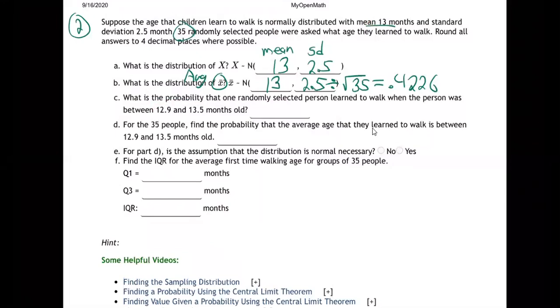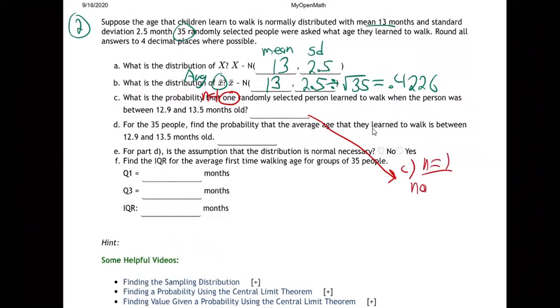Now in question C, notice it's 1. So n equals 1 right there. So that's going to be normal. In fact, let me just move it right over here. So for part C, n equals 1.